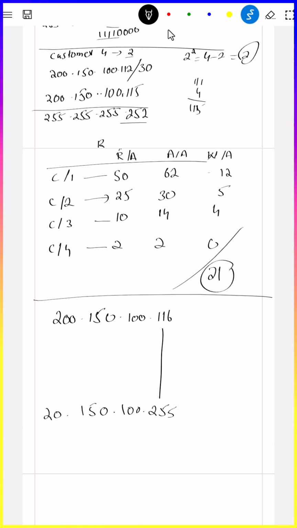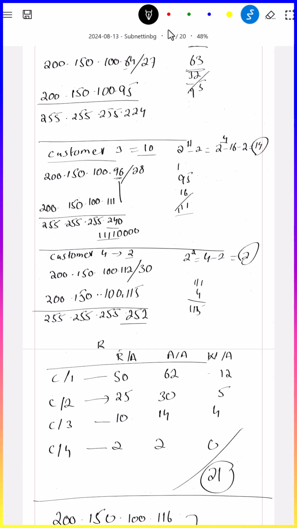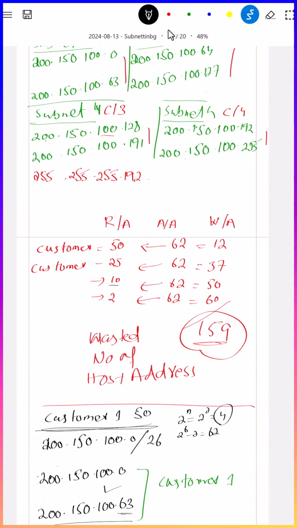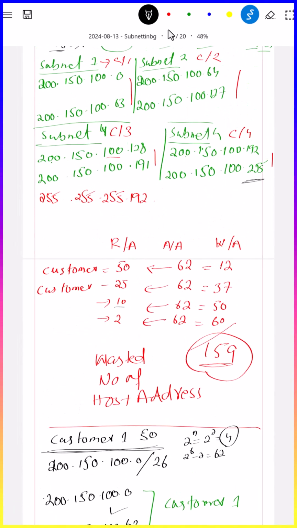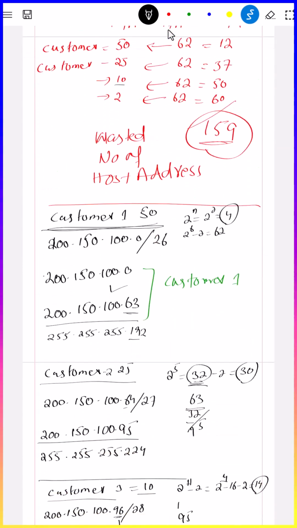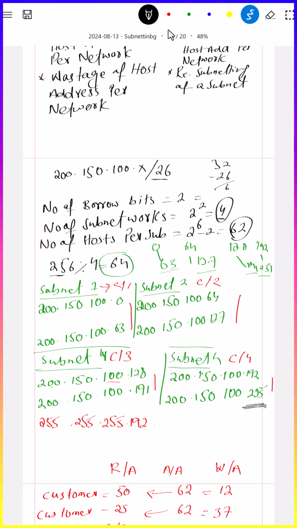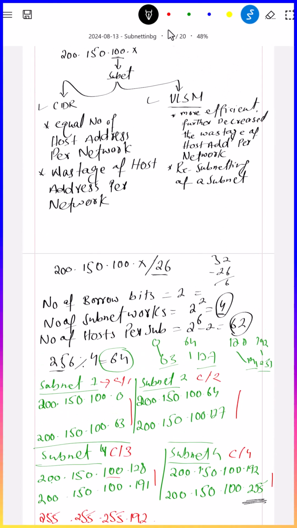So we have 21 wasted addresses, and the remaining addresses are free. Before, they were not free. You can see before we reached 255. Okay, so this is why we were mentioning that it is more efficient and further decreases the wastage of addresses.